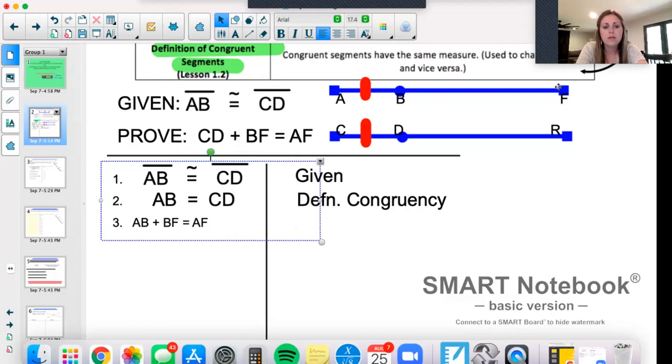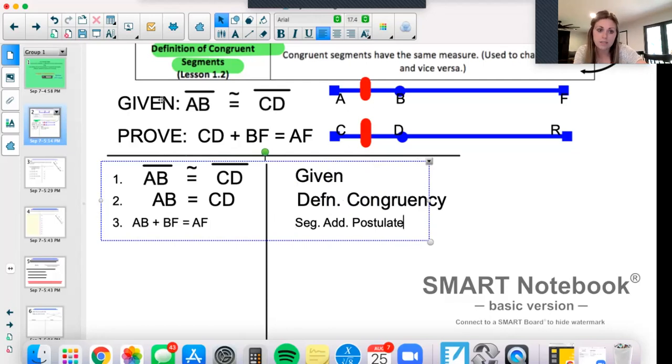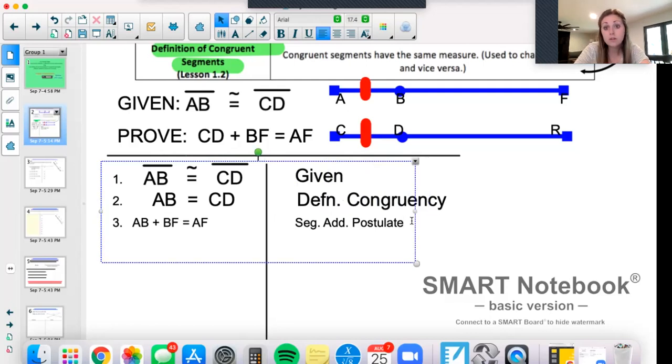How am I able to say that? The segment addition postulate. That is my justification, if you will, my explanation as to why I can say this plus this equals that. Is there anything else that we could use? We have two segments. So can we do segment addition postulate again? Sure. Okay.